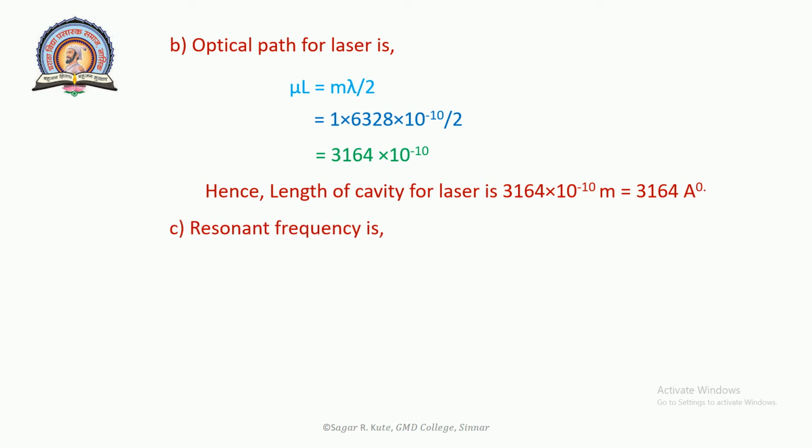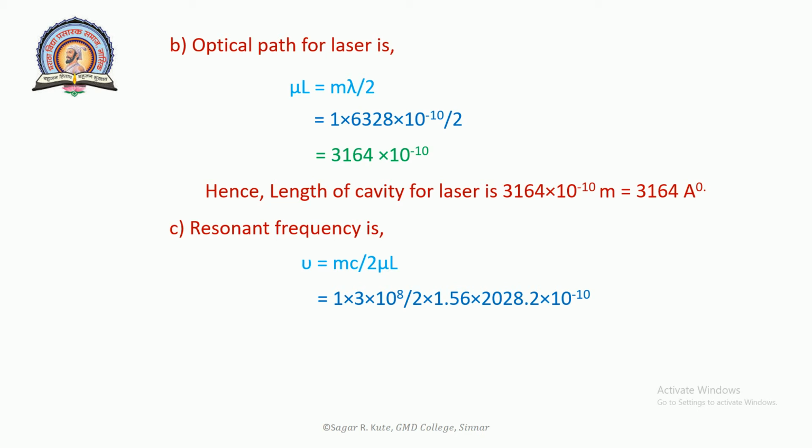Now third will be to calculate resonant frequency. Formula: nu is equal to m c upon 2 mu L. Put this value: 1 into 3 into 10 raised to 8 upon 2 into 1.56 into 2028.2 into 10 raised to minus 10.